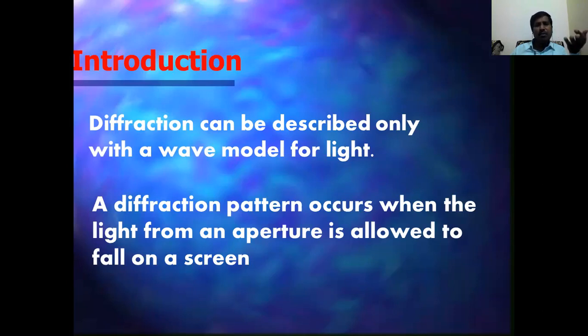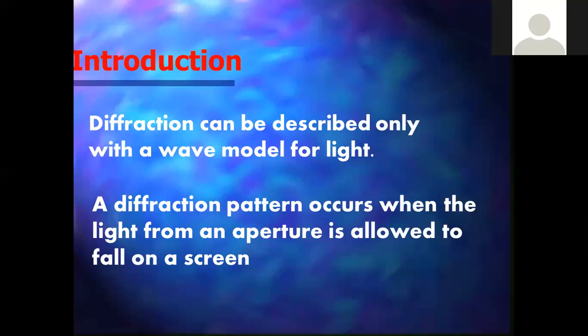So where can we see it? Can we see diffraction in our home? Does anybody know where we can see the bending of light? Suppose you have two rooms in your home.